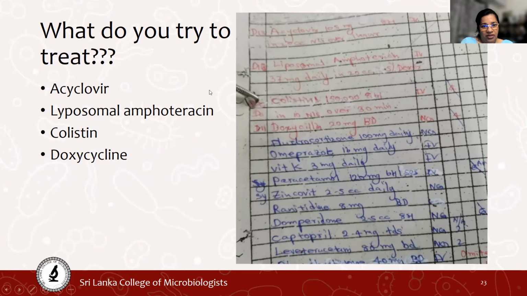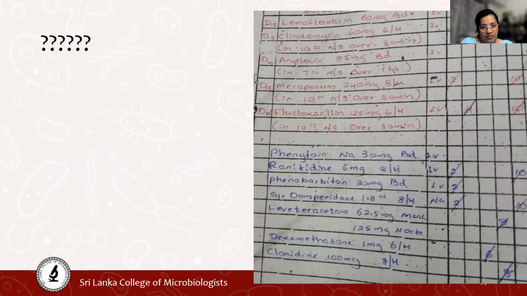Can you see the patient's drugs? The patient is on acyclovir, antiviral, liposomal amphotericin, antifungal, colistin, the last resort for gram negatives, and doxycycline. So we need to see whether they are indicated. Just combining will not save a life.